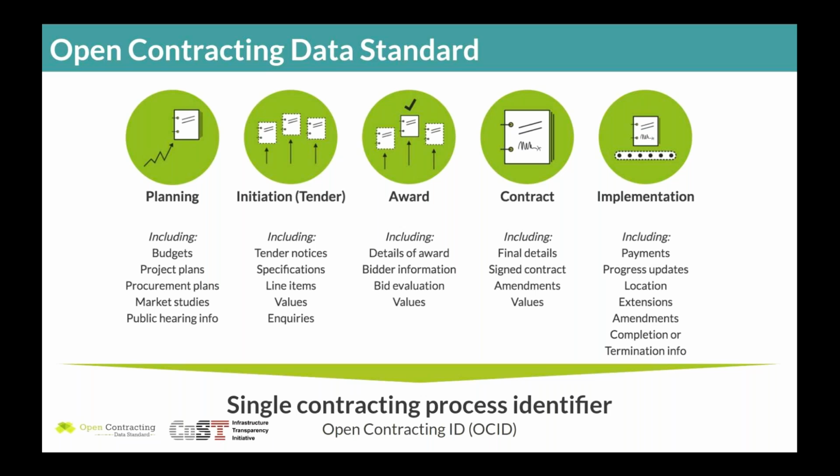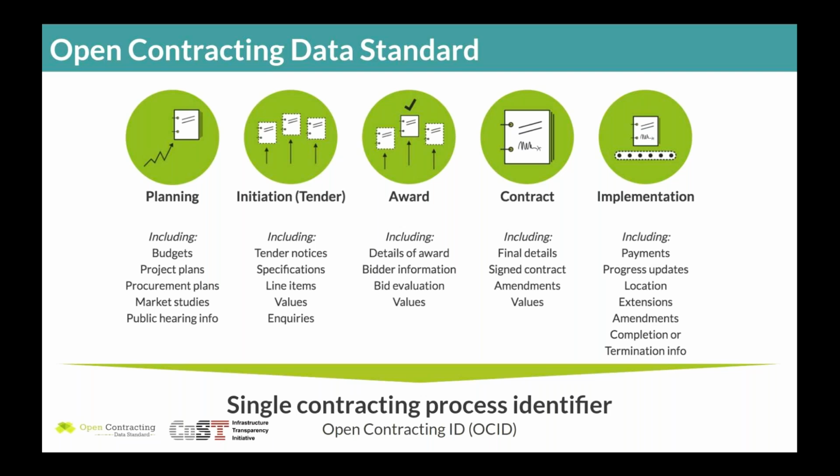And OCDS sees a unique contracting process as all the planning, tendering information, awards, contracts, and contract implementation information, all related to a single initiation process. And that initiation process may be a tender or a direct contract award. So the initiation can be different in each case.